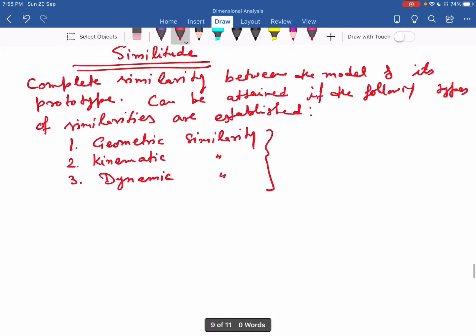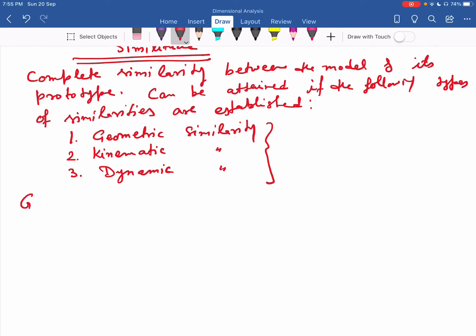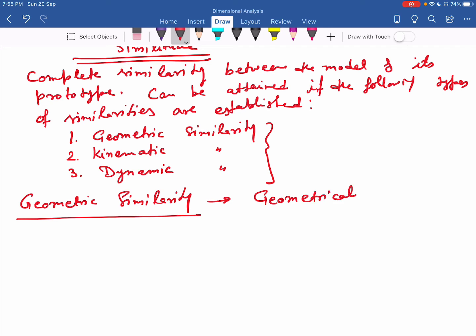Now, what is the meaning of geometric similarity? Geometric similarity means the model and its prototype are geometrically similar. What is the meaning of this term geometrically similar?